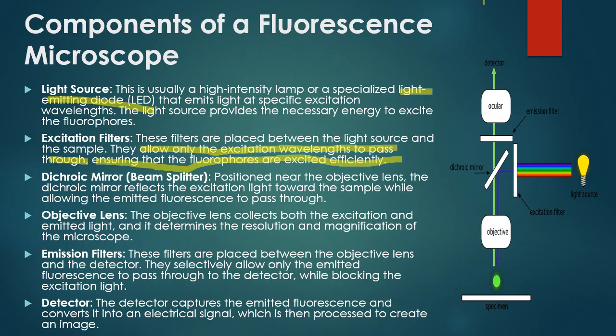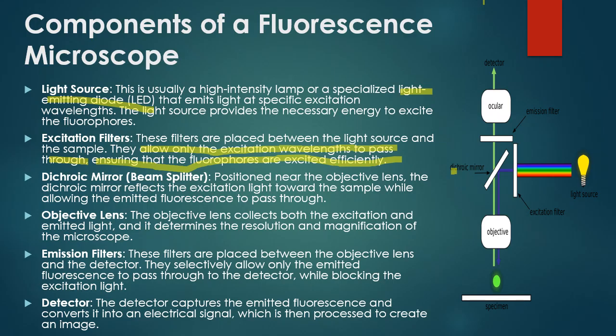After that, next is the dichroic mirror. Why do we call it dichroic? It is positioned near the objective lens. The dichroic mirror reflects the excitation light towards the sample while allowing the emitted fluorescence to pass through.